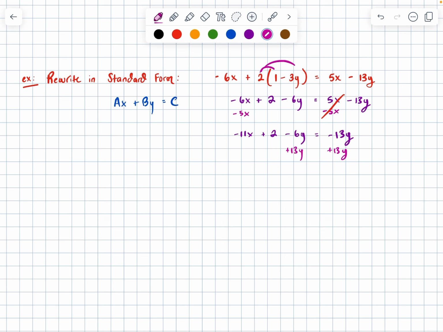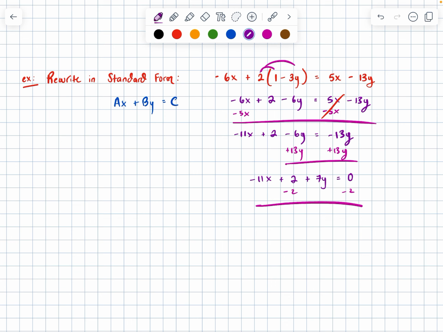Again, I'm trying to get all of the y's over to the left, so I'm going to add 13y to both sides. When I do that, I get negative 11x plus 2 plus 13y minus 6y is 7y. Negative 13y plus 13y is 0.